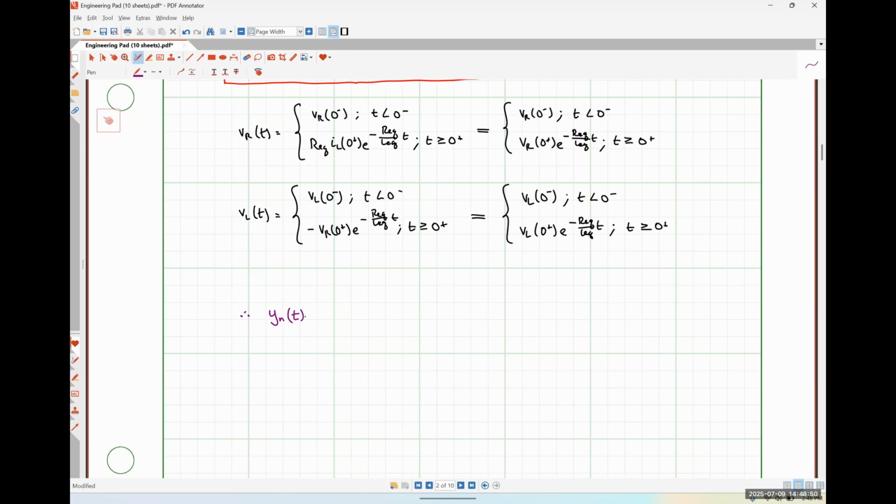This is valid for any current or any voltage in our system, and can be expressed using the following relationship. We'll have Y at 0 minus for t less than 0 minus, and then Y at 0 plus, e to the negative REQ over LEQ times time, for t greater than or equal to 0 plus. So this equation will work for literally everything.